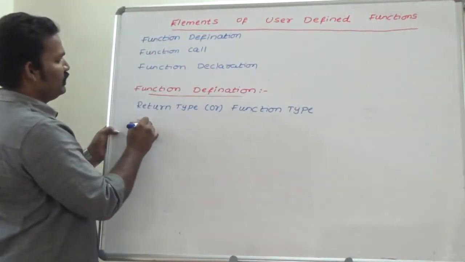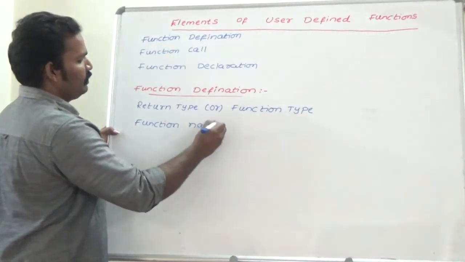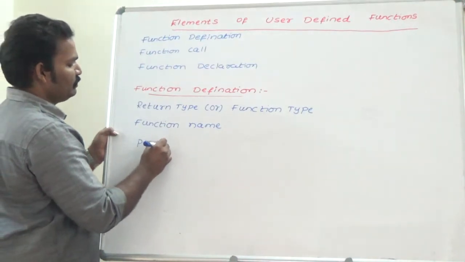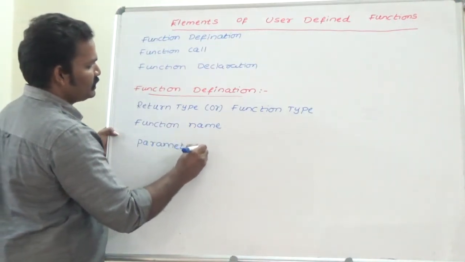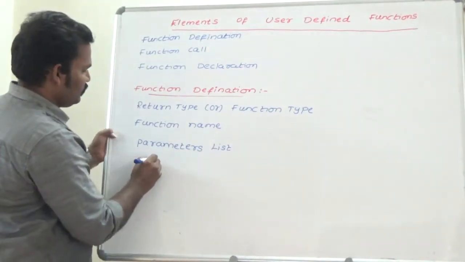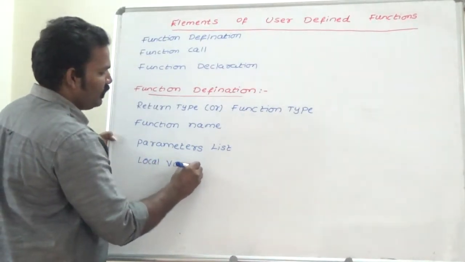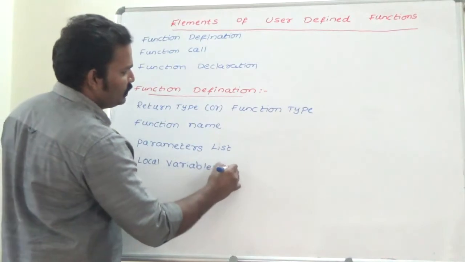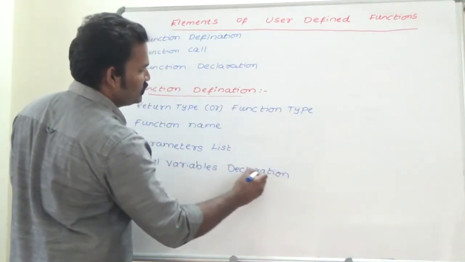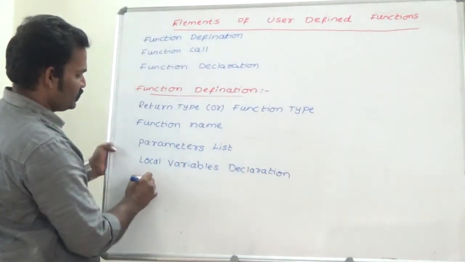Next, function name. Next, parameters list or list of parameters. Next, local variables declaration. Next, function statements.